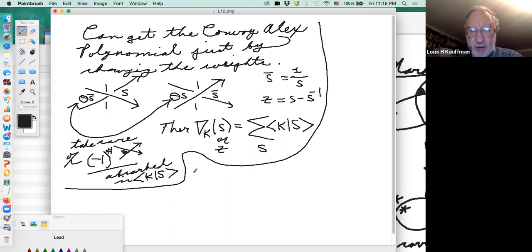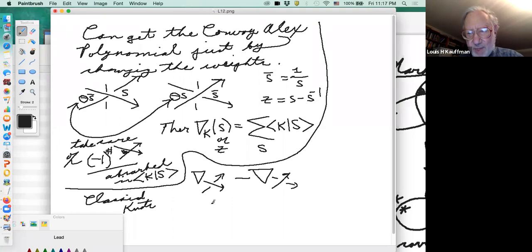And then you will find that for classical knots, nabla of a diagram with a plus minus nabla of a diagram with a minus is equal to Z, S minus S inverse, nabla of a diagram with a smoothing.